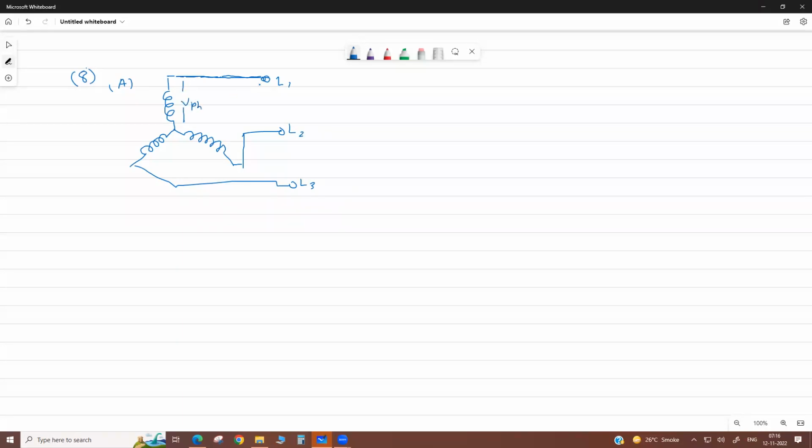Between these, we have the line voltage. Then here we show the current. So phase current equals line current in star. This is the phase or winding current.